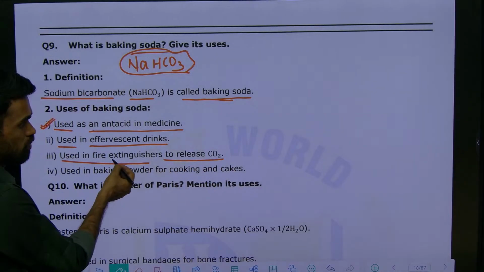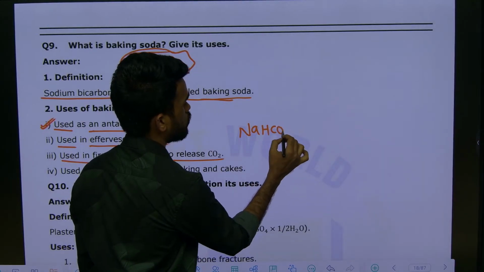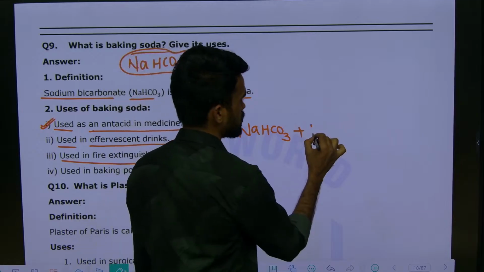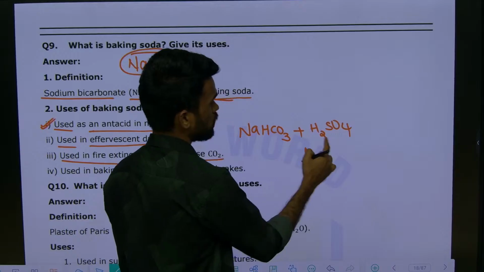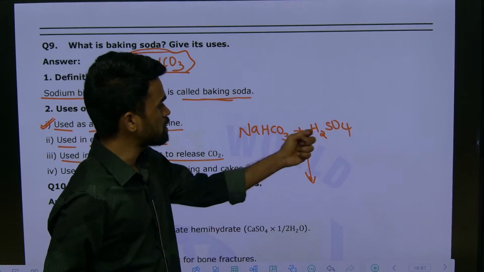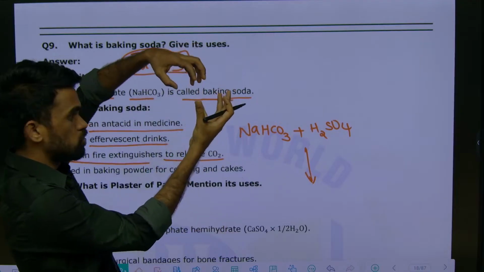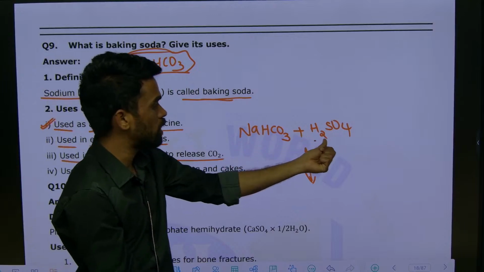In fire extinguishers we have sodium bicarbonate, NaHCO3, and along with it some sulfuric acid, kept separated in containers. In the extinguisher cylinder there is NaHCO3, and at the top we have sulfuric acid.